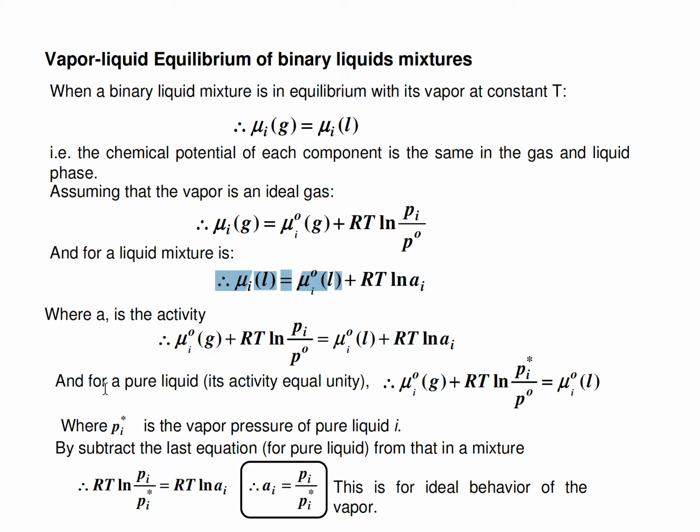For a pure liquid the activity equals unity. So we can have another equation whereby P is the vapor pressure of the pure liquid. By subtracting the last equation for the pure liquid from that in a mixture, we have another equation, whereby this one can be used for ideal behavior of the vapor.